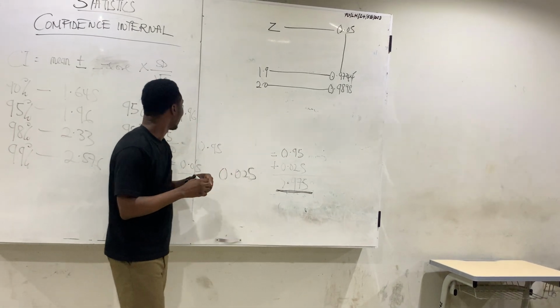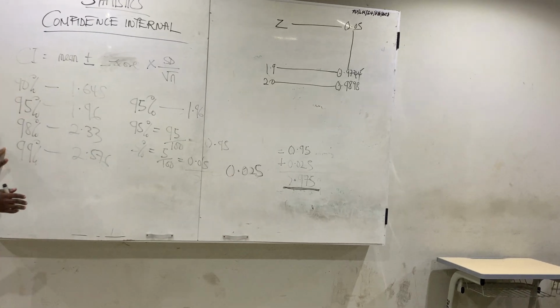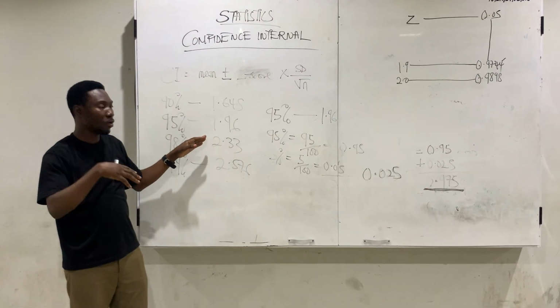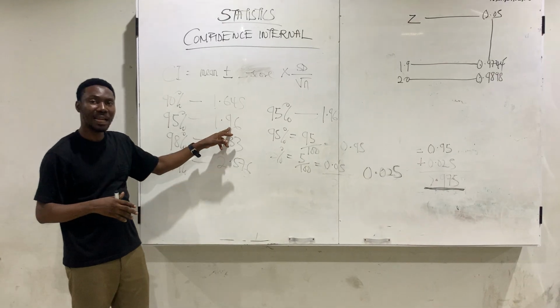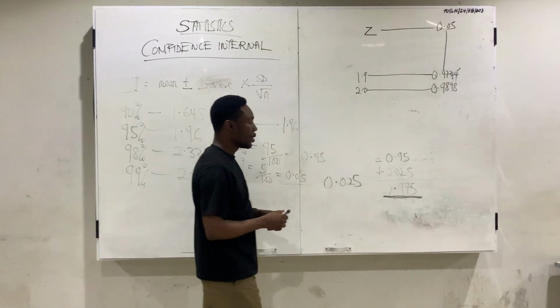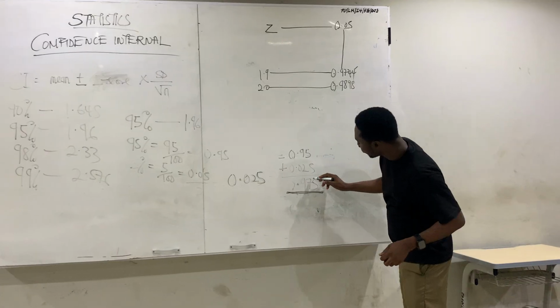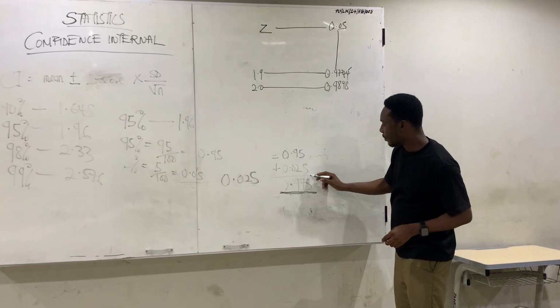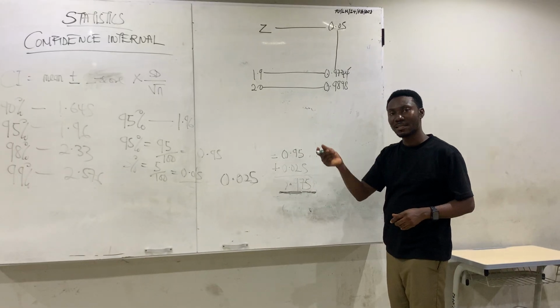But you see, statistically, the commonly calculated value that you are recommended to memorize is 1.96. Now, let me explain that to you. If you check the probability, this last end is 0.975. Assume it as 75%.